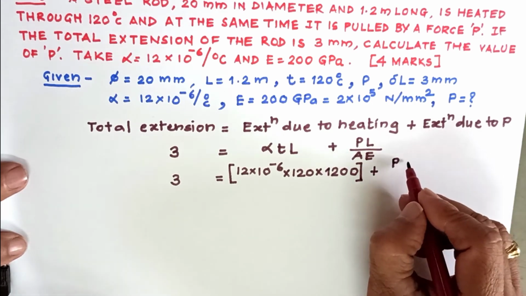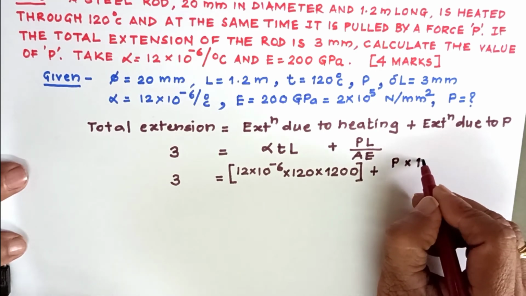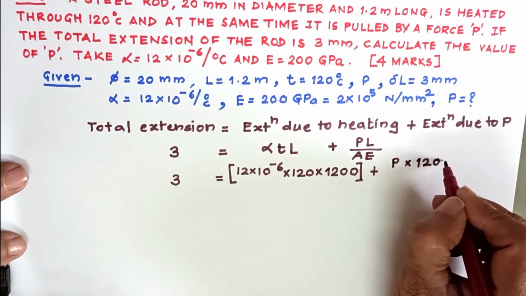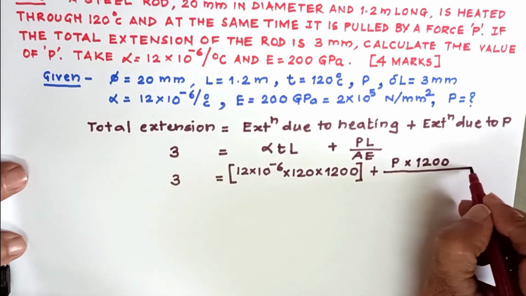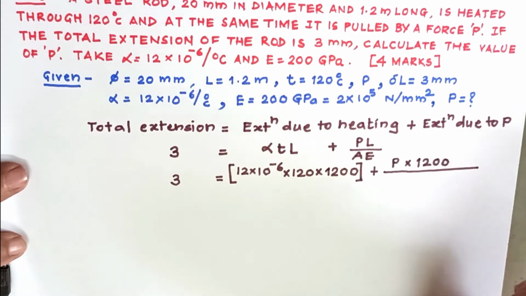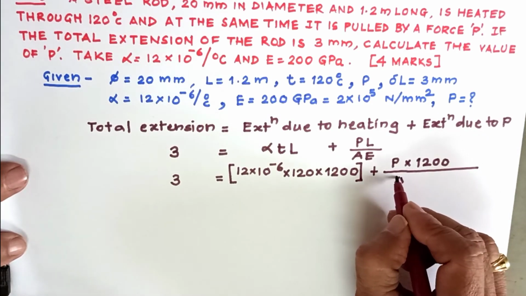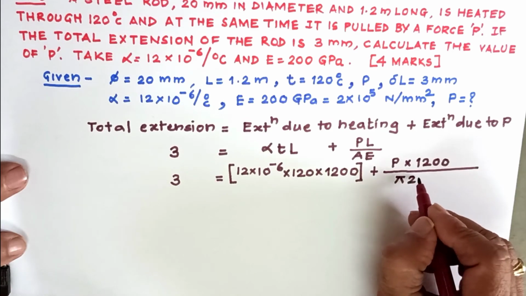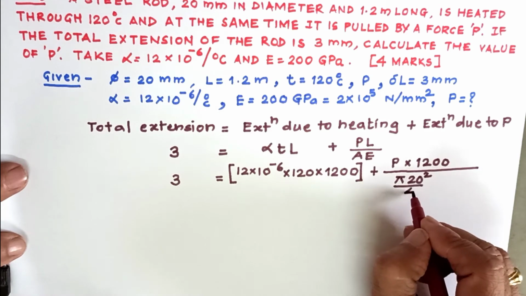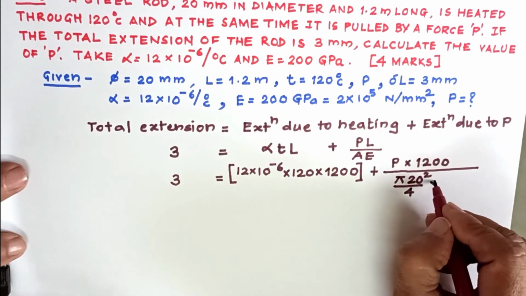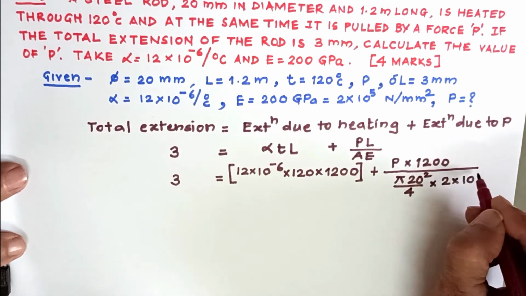What is L? L is 1200 divided by, what is A? Circular rod, pi into 20 square upon 4, and E is 2 into 10 raised to 5.